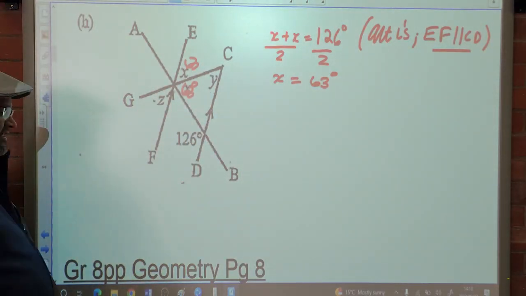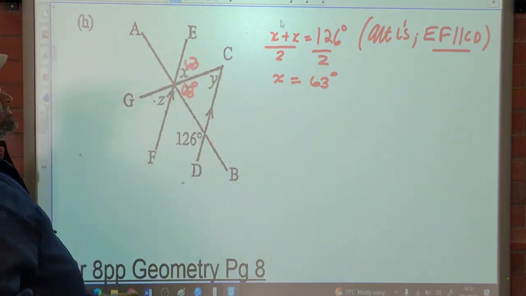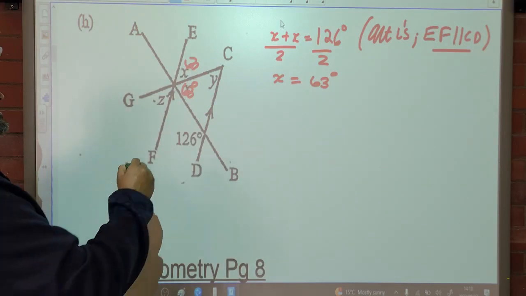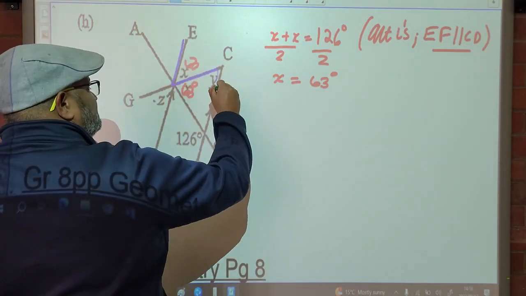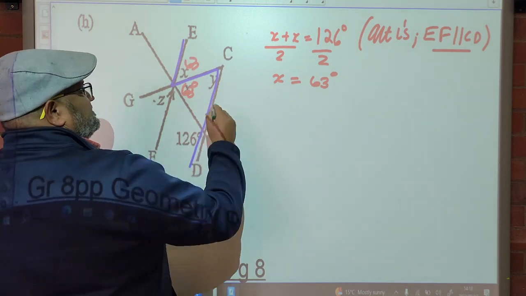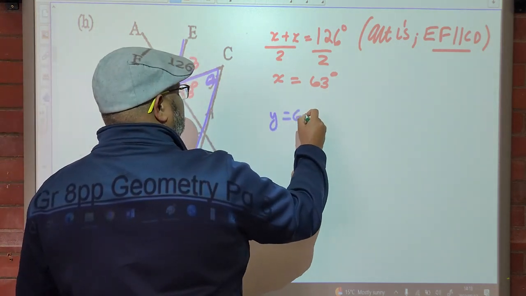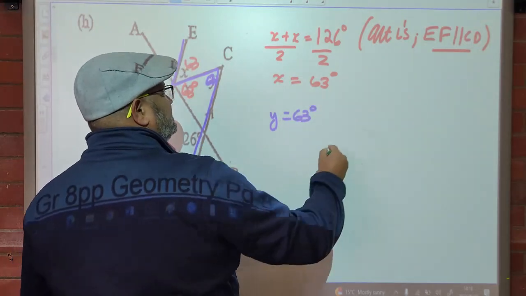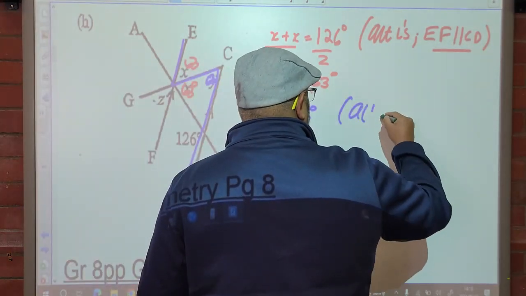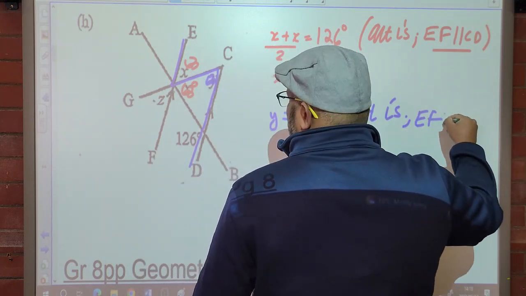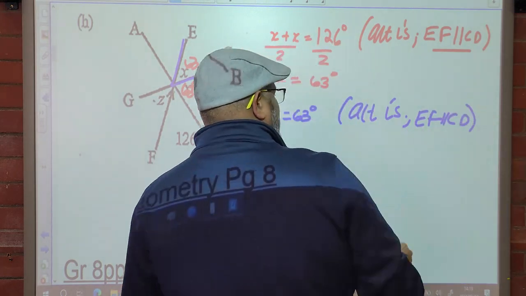Now what? How can you calculate y? Again, alternate angles, not so? So y is equal to 63. Why is that the case? Because of alternate angles with EF being parallel to CD.